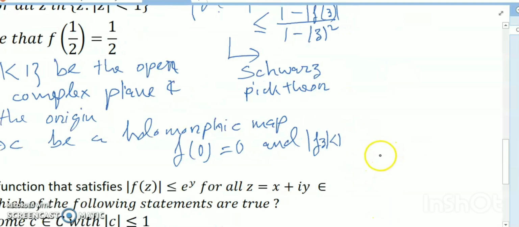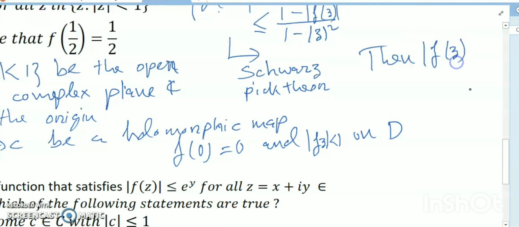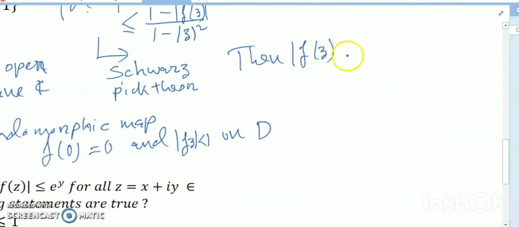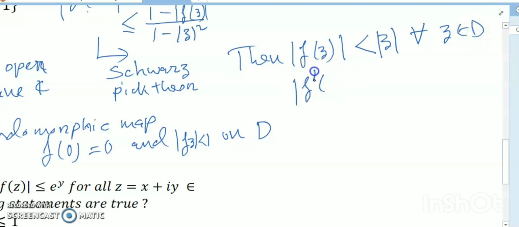On D, then mod of f z is less than or equal to mod of z for all z belonging to D, and mod of f dash 0 is less than or equal to 1.